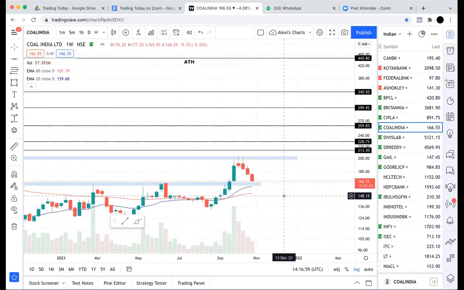What I would do is wait to this area and see what happens. If it respects it and goes up, then I'll stay in it. If not, if it moves down, I'll get out. So maybe you can keep a stop loss just below this area, maybe right here, 153 or 155, somewhere around that point.